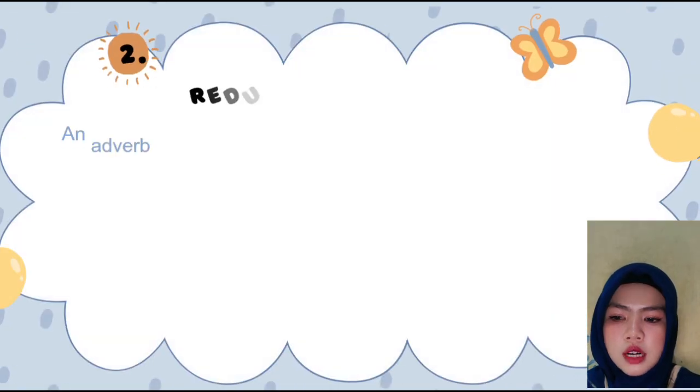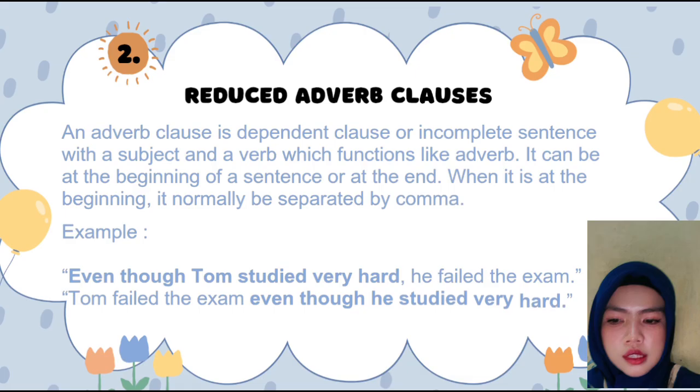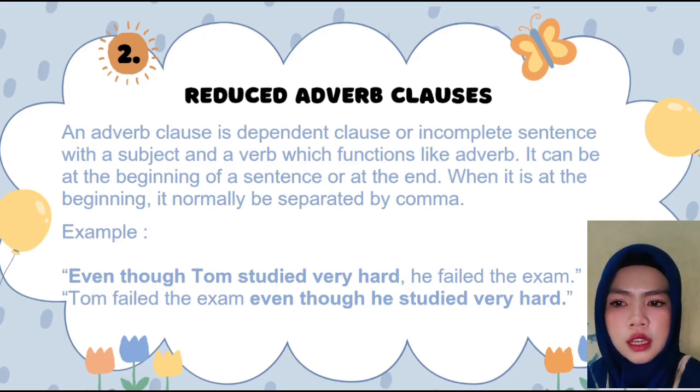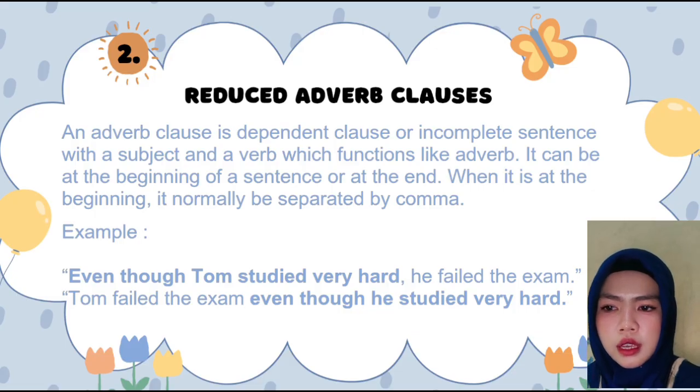Next, reduced adverb clauses. An adverb clause is a dependent clause, an incomplete sentence with a subject and verb, which functions like an adverb. It can be at the beginning of a sentence or at the end.